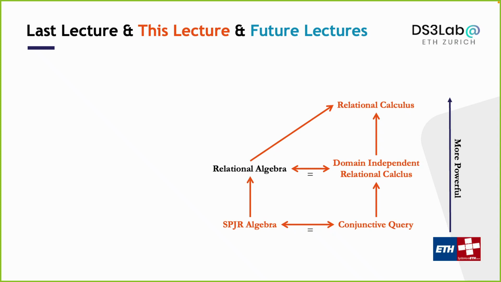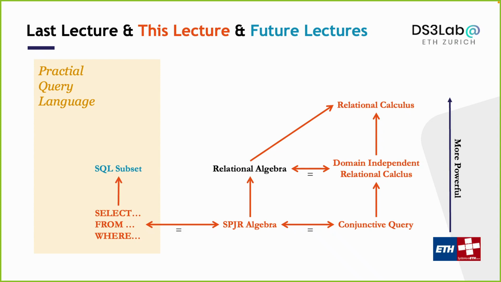Hopefully we can finish this today. Then we are going to talk more on the practical side, with practical query languages that you can actually write to query a real database. We talk about what you can write in SQL, starting with a smaller set of SQL queries with only select, from, and where. Then we talk about a larger subset, and then the full SQL specification.